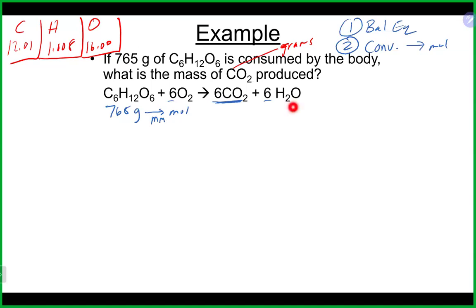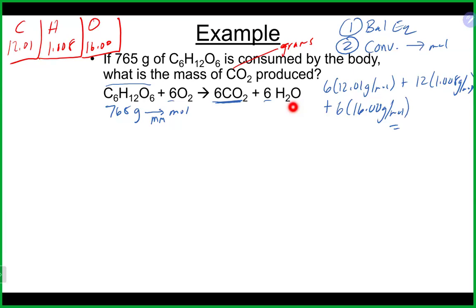So we basically just need to add up all the parts for this guy right here. That is 6 times 12.01 for the carbons, plus 12 times 1.008 for our hydrogens, plus 6 times 16 for all the oxygens that are present. Remember, when you take the molar mass off the periodic table, it is typically 4 significant figures that you take it to.